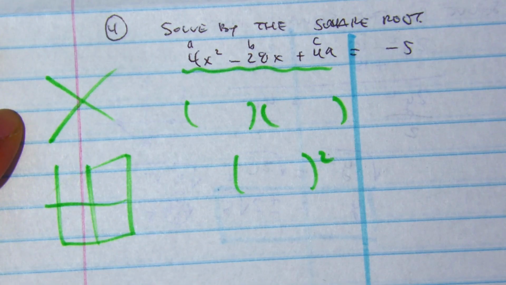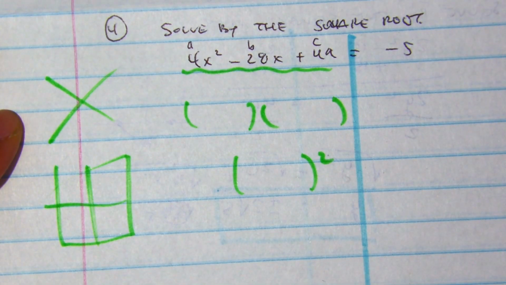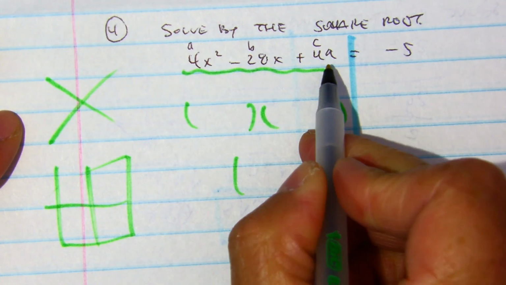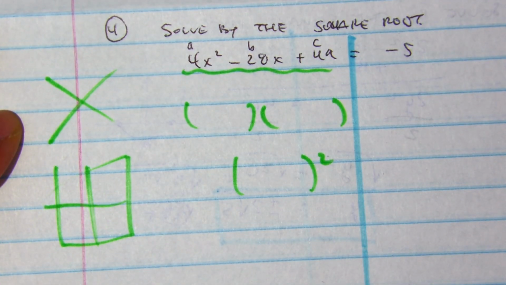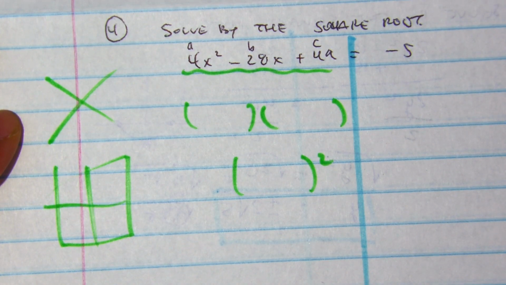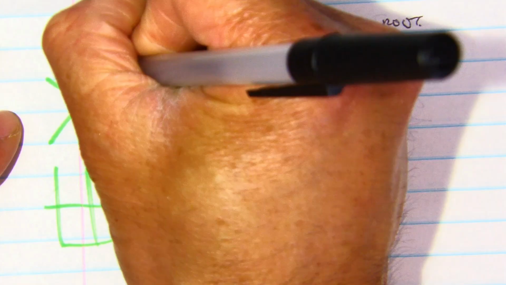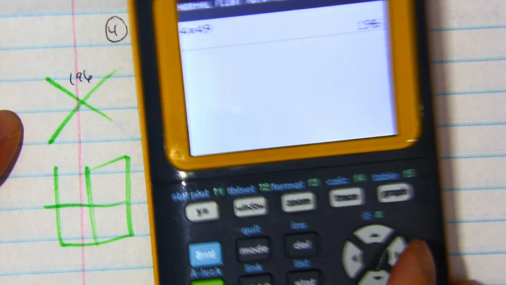Now my A, B, and C numbers are quite large. A times C goes on top of my X. Feel free to use a calculator. A times C is 196.